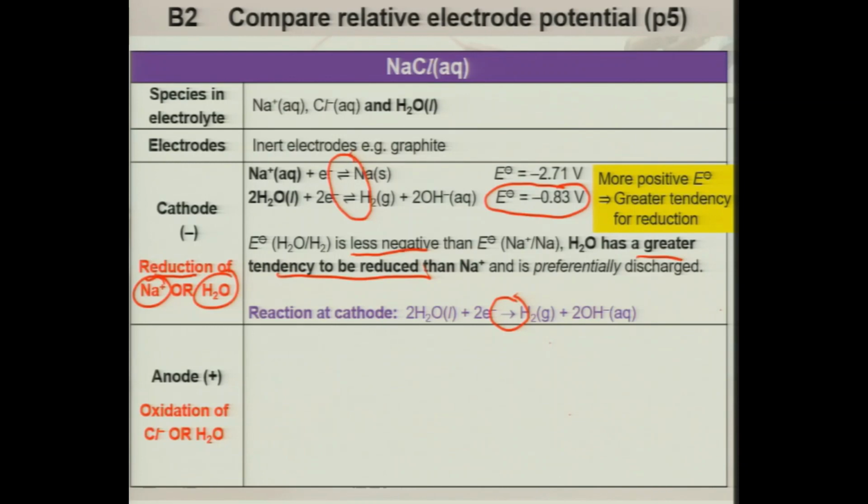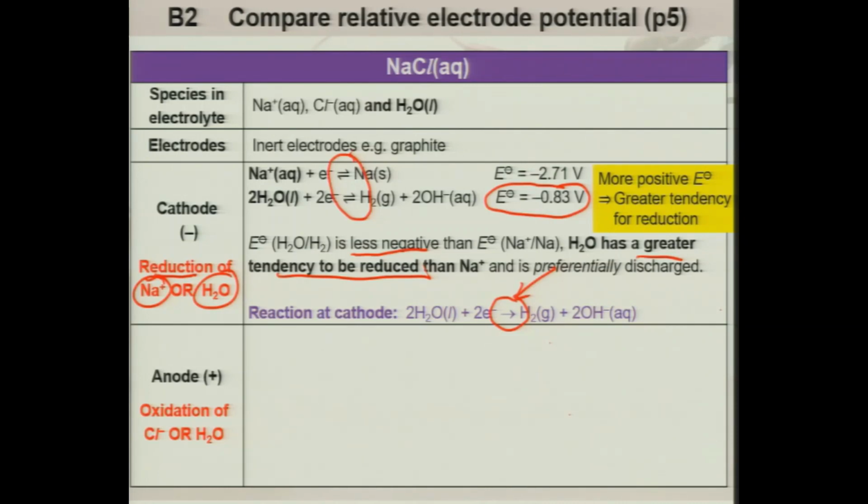At the cathode, the reduction of water is going to happen, so please change it to a full arrow. Please take note, don't lose marks for nothing. Once you have decided what is going to happen, show the full arrow so that you know it is the one that's going to happen.